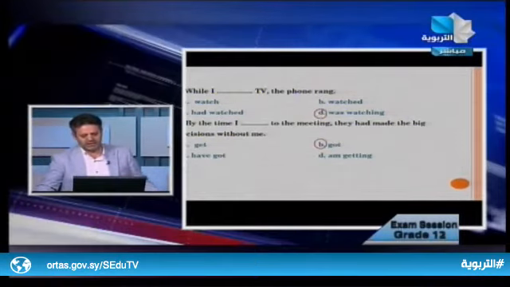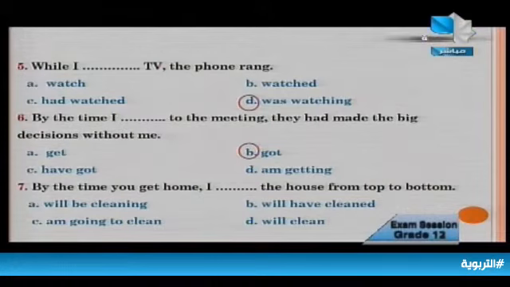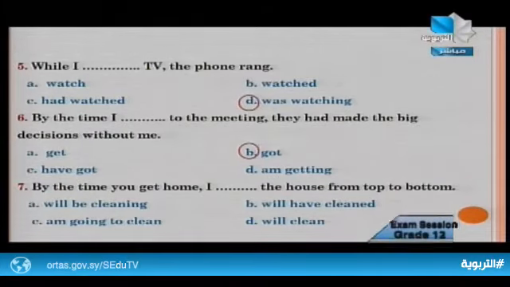Good. Number 7: by the time. Students should notice here, number 6 was by the time and simple past. Here, by the time and present simple. By the time you get home, the house from top to bottom will be cleaning, I'm going to clean, will have cleaned, will clean.